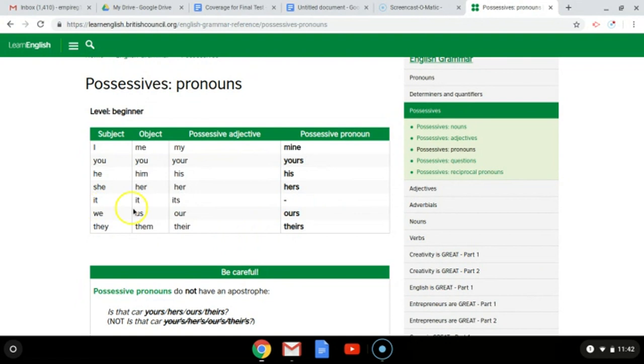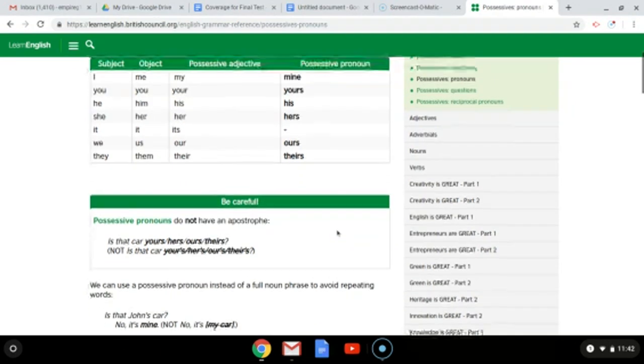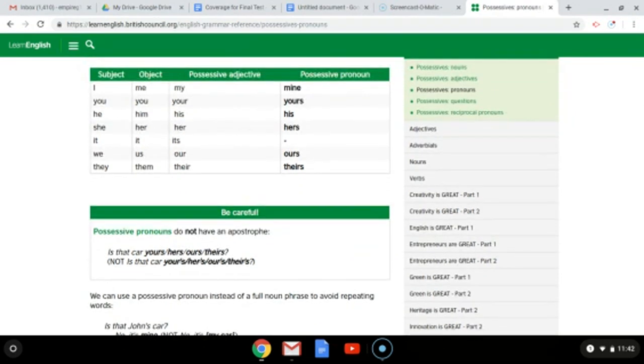It, it, its, and there's no possessive pronoun. We, us, our, ours. And they, them, their, and theirs. So this is very, very comprehensive.